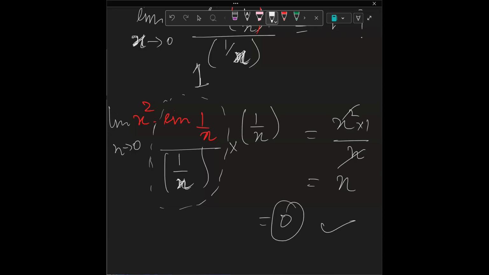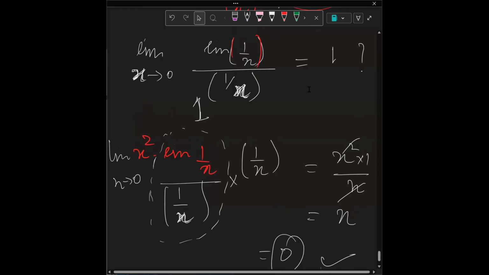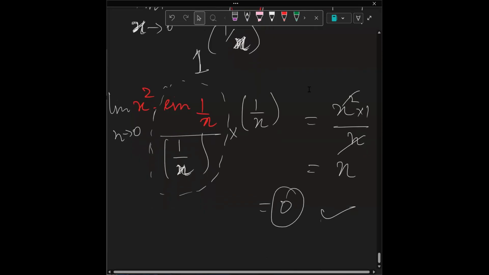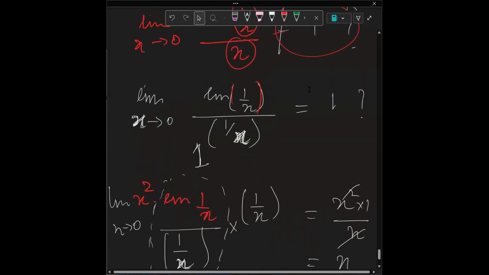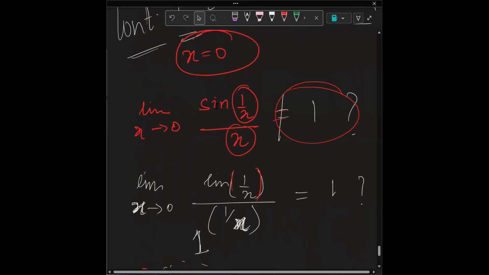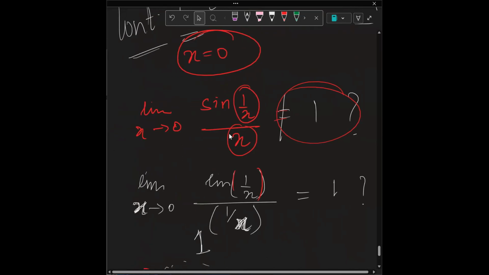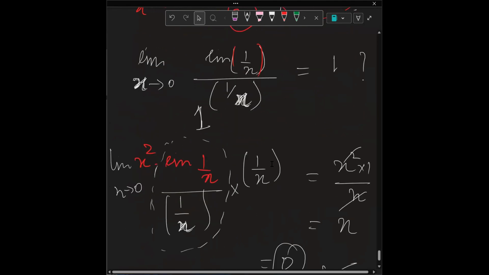Yes, sir. Okay. Now, Anas, have you understood or not? जी सर समझा. Clear? So this is a very important thing to keep in mind, that sin x over x is equals to 1, है ना. sin theta upon theta अगर होता है तब 1 होता है, where theta is tending to 0.